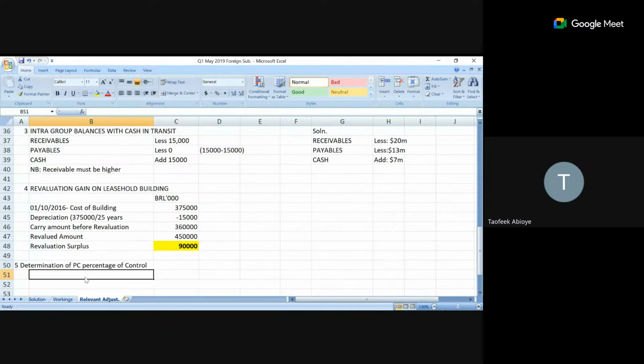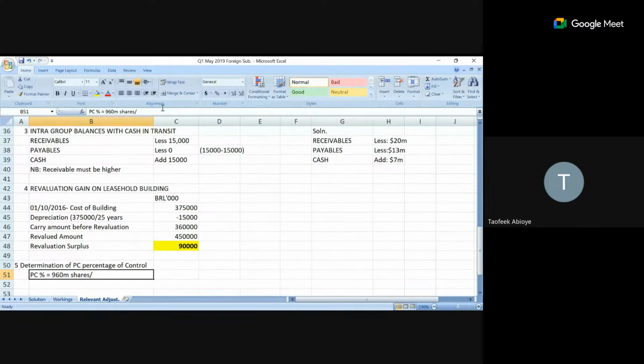So parent company percentage of control will be 960 million shares multiplied by what is the total number of shares of the subsidiary company. Let's go back to our balance sheet. What is the share capital of the subsidiary company? Egoli, how much is it? 600,000.